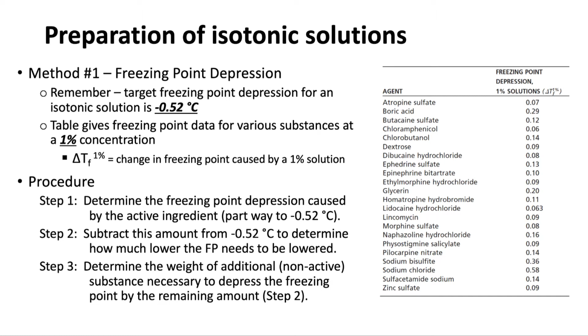Okay, we will subtract that freezing point depression from our target, which was the negative 0.52. So we'll determine the difference that we still need to obtain from another substance. And then from that freezing point depression that we know we still need to get, we will determine the weight of this additional or non-active inert substance needed to produce that freezing point depression. Okay, pretty straightforward. That's how you would approach it using the freezing point depression method.